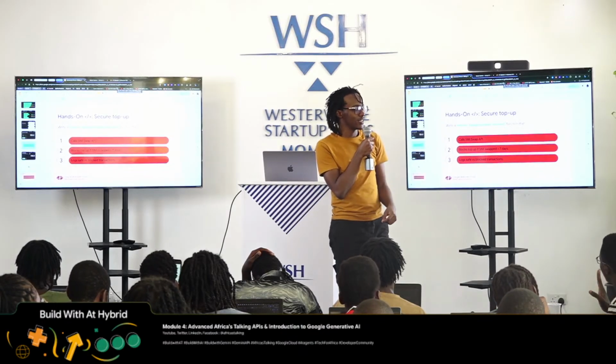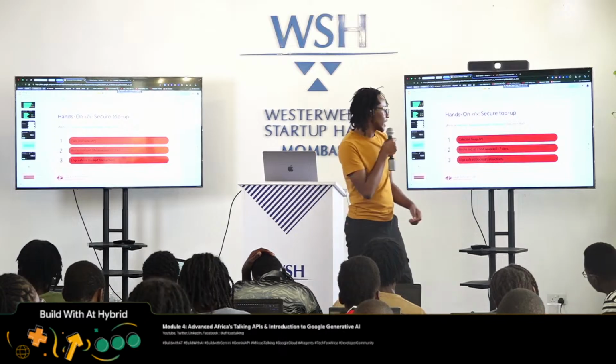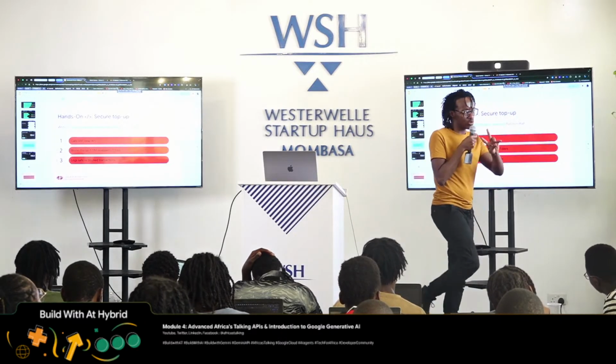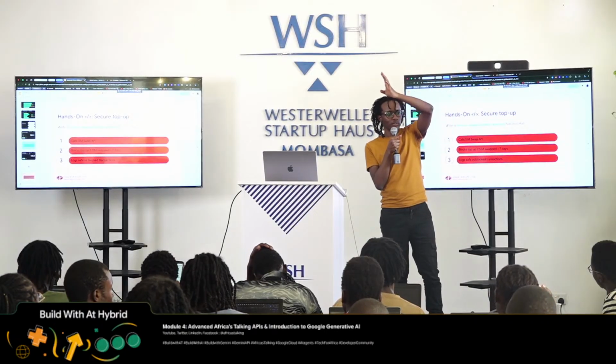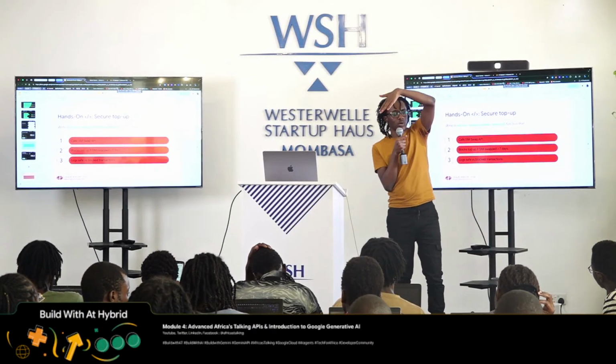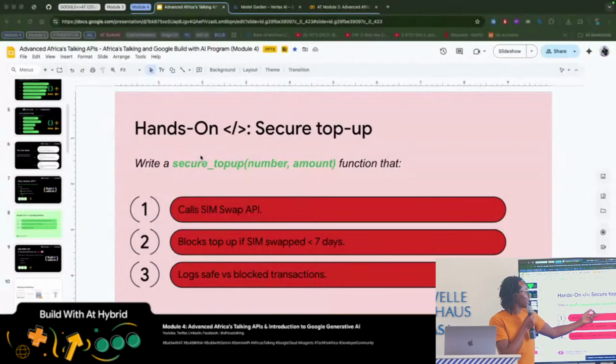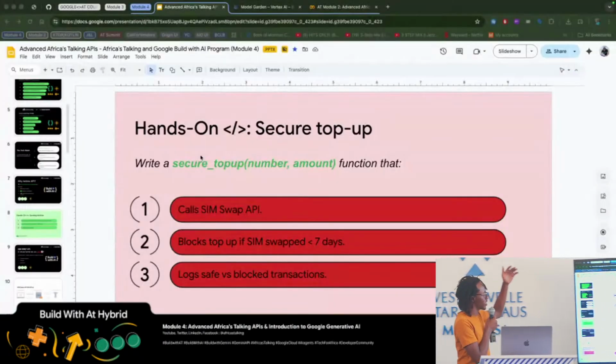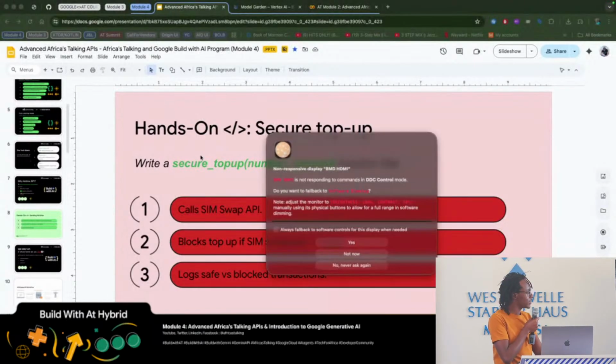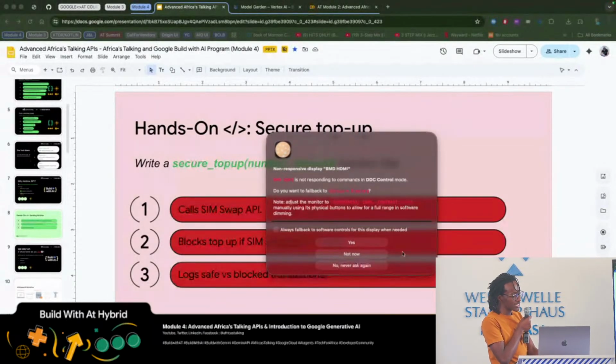And checking this happens in two legs. Now the second part of it is a callback that comes to us. It takes quite some top up, and it takes in phone number and amount, and it should call the check SIM swap status.